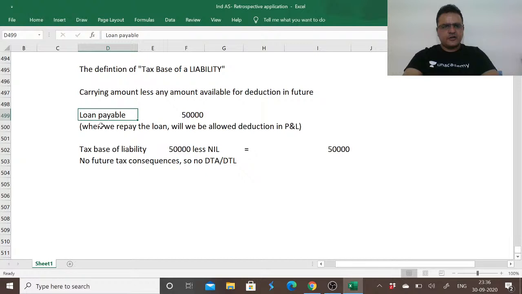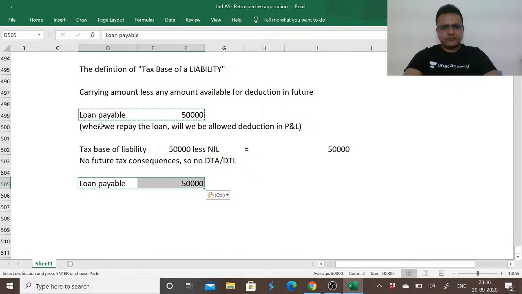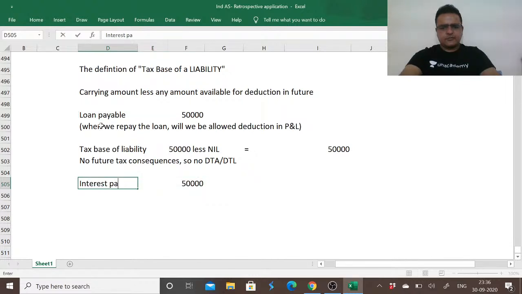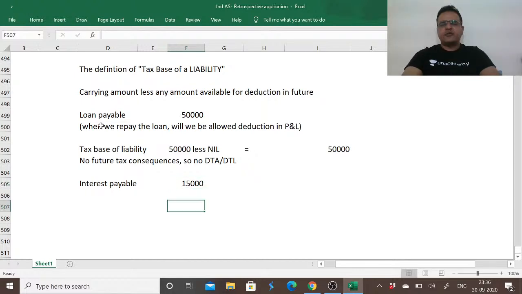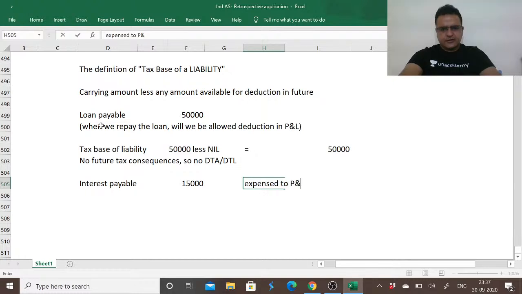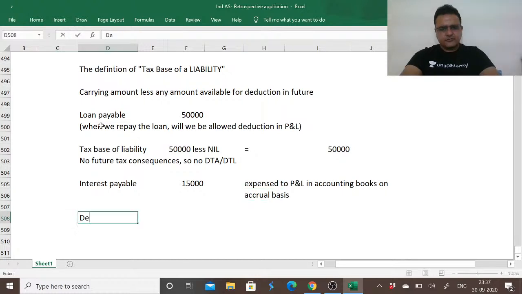But if it was interest payable of say 15,000, when we charge this, it was expensed to P&L in accounting books on accrual basis. This is a deductible temporary difference.